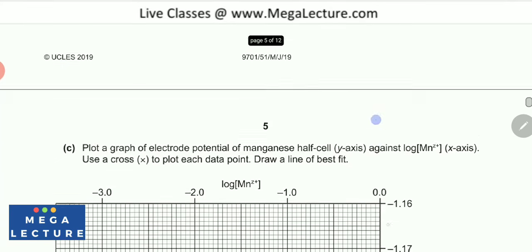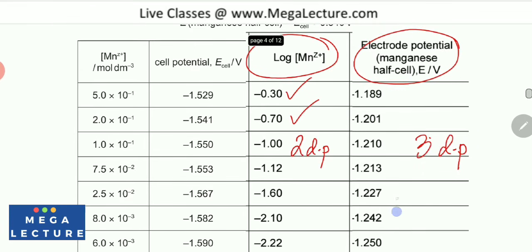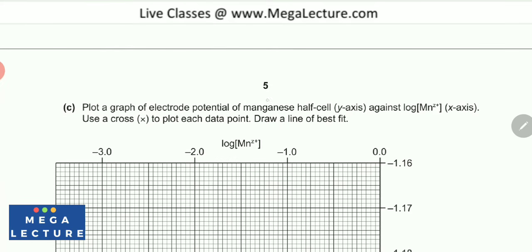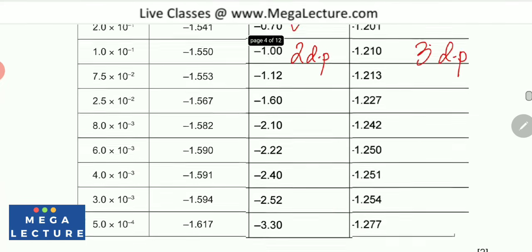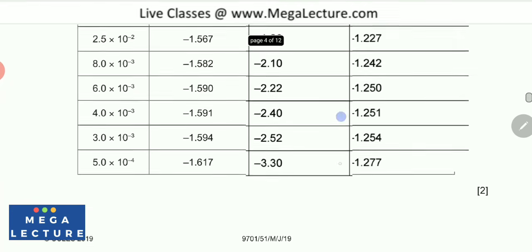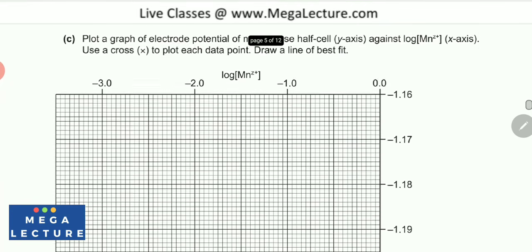What you just need to do is plot these data points, x-axis and y-axis. I think the x-axis was log of Mn plus, so that has all these values over here. For example, let's pick the first one. It's minus 0.3 and minus 1.189. So minus 0.3.